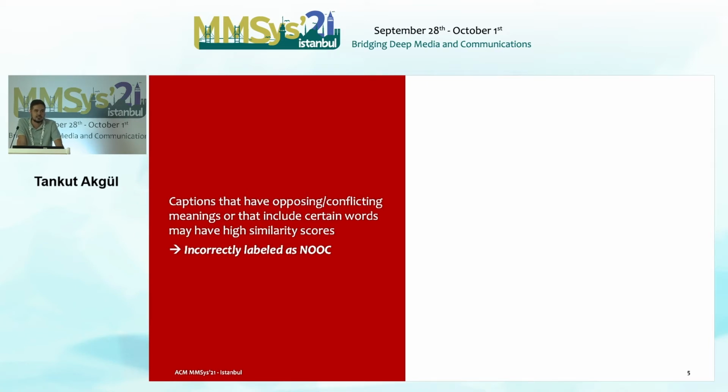So you can say, okay, this is out of context, but that's not enough. You also need to check the objects those captions are referring to, and that's why we are aligning the objects with the captions. But in the opposite case, when the captions are semantically similar and convey the same message, then we can conclude that this sample is not out of context. Cosmos does that.